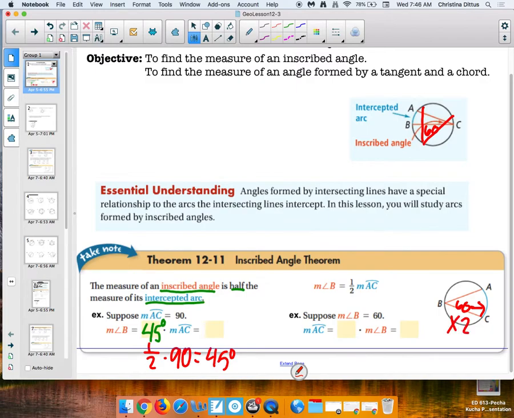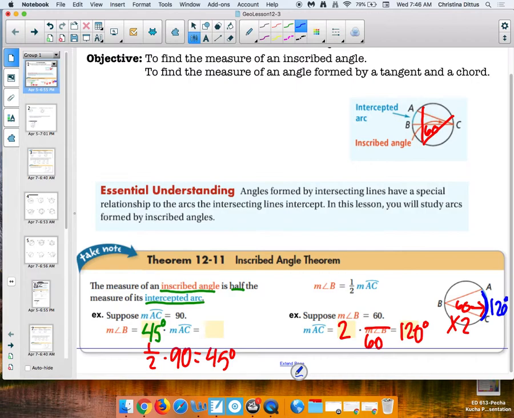So bring it in, half; bring it out, times by 2. So 2 times my measure, which is 60, is 120 degrees. So the measure of this arc right here is 120 because it's double 60.